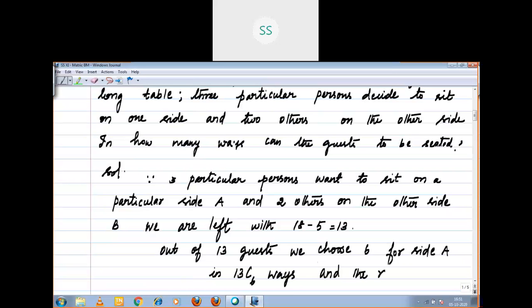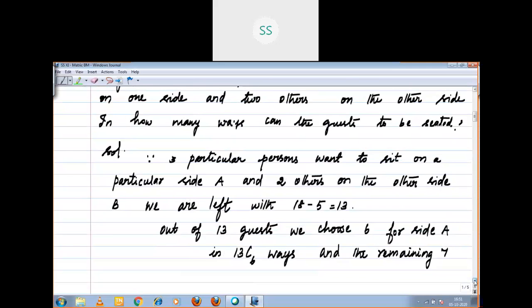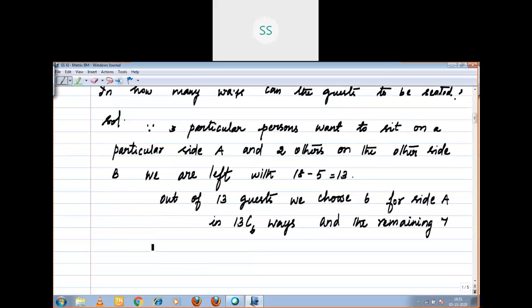And the remaining 7 for side B, in how many ways? 7C7 ways.